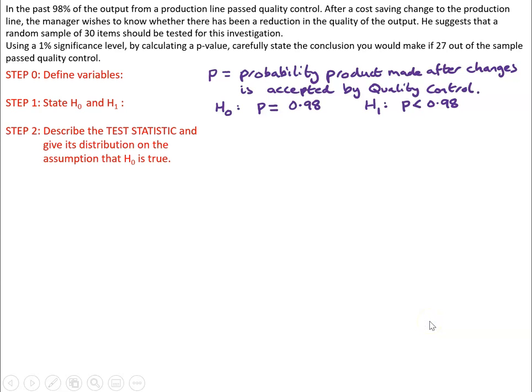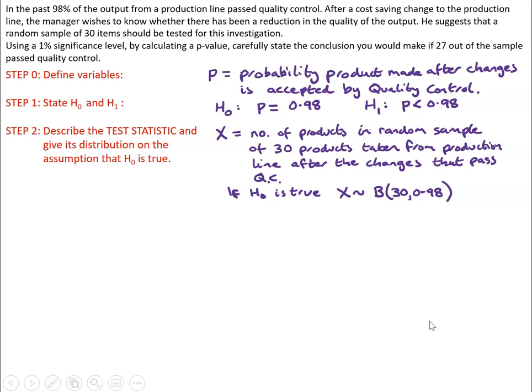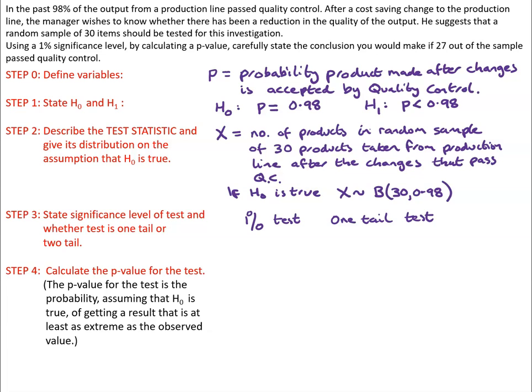The test statistic is the number of products in a random sample of 30 products taken from the production line after the changes have been made that pass quality control. If the null hypothesis is true, then X is binomial, n = 30, p = 0.98. The significance level of the test is 1%, and it is a one-tail test.